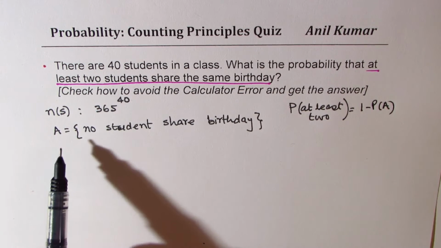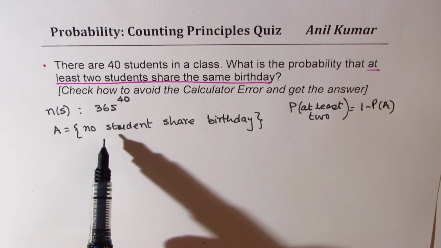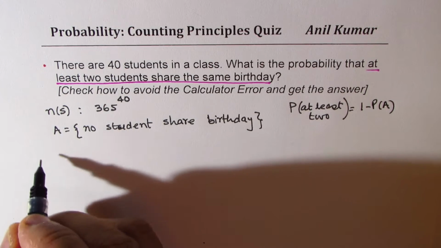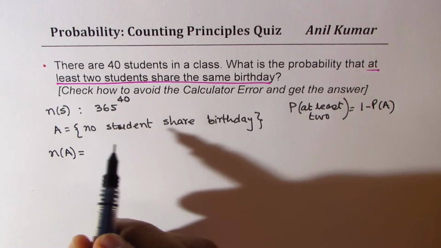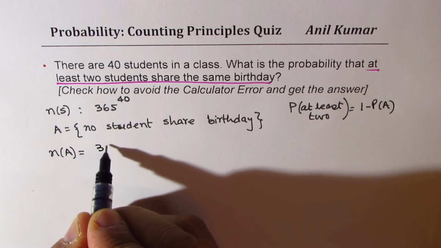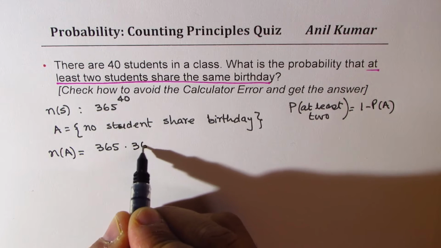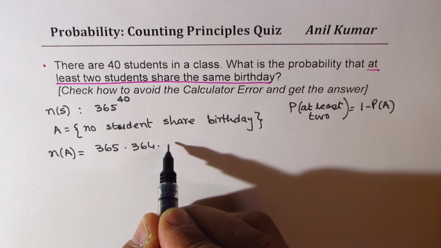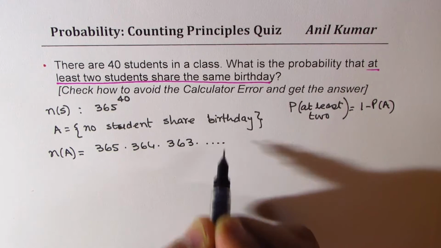So that is to say, we want to say that all students have unique birthdays. Nothing matches, correct? In that case, to find the total number, the first student has 365 choices. Now, once that is done, we are left with 364. Once that is done, we are left with 363 and so on. Perfect.